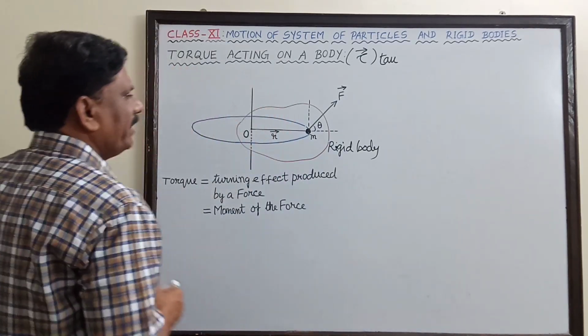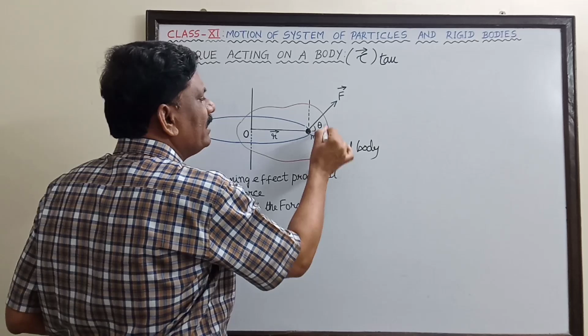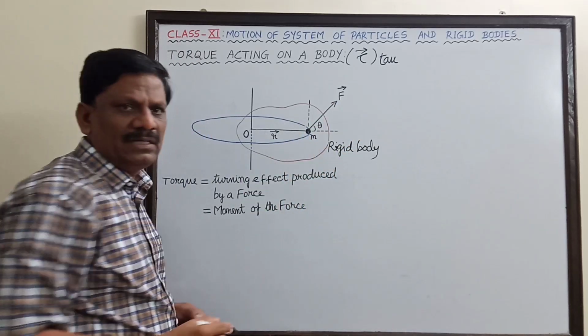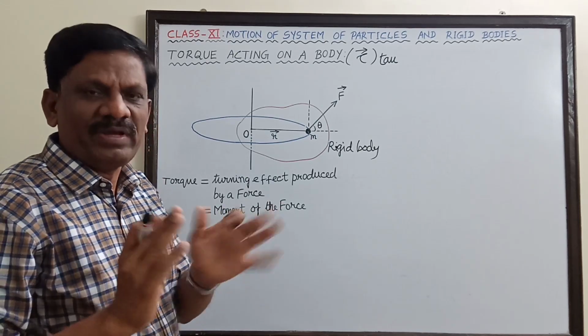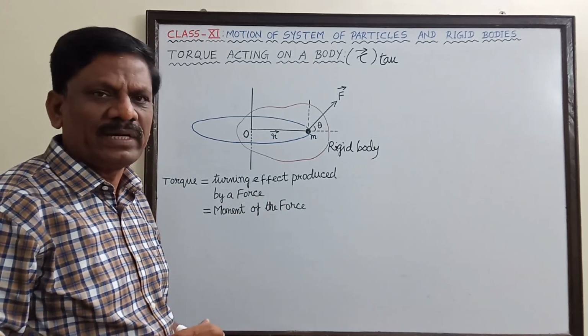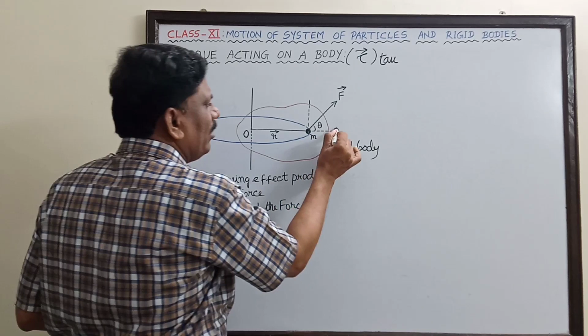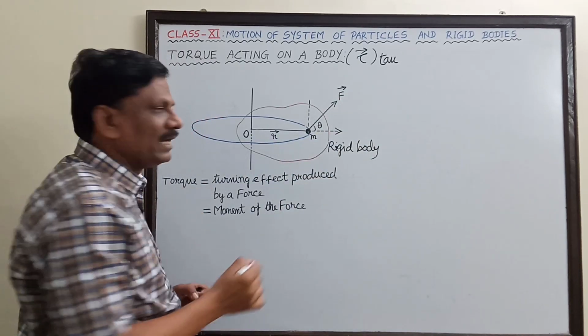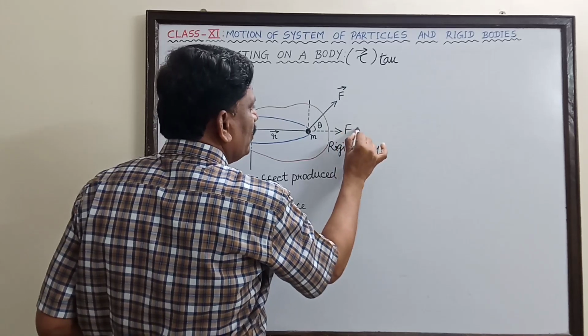Now I will resolve the force F acting on the particle into two components. We have studied the resolution of a vector into two rectangular components. One component of this force along the position vector is F cos theta.